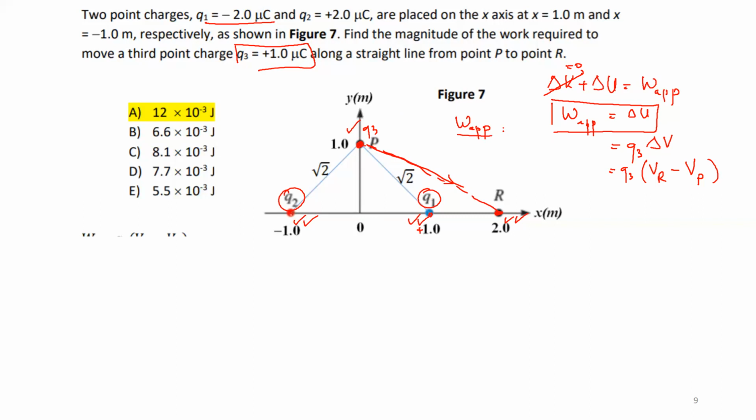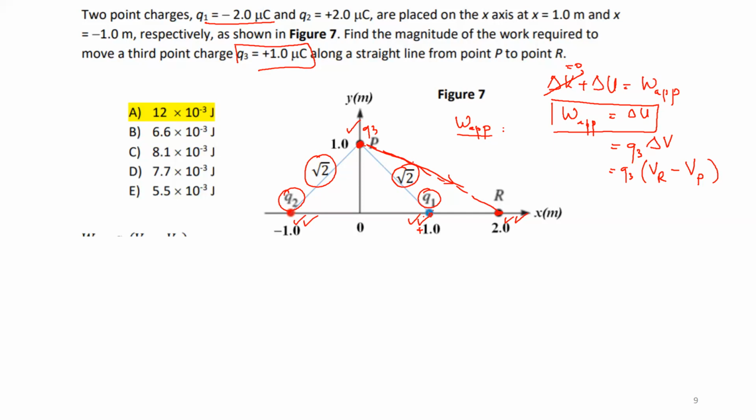So I will have basically here what? Two opposite charges, Q1 and Q2, equal in magnitude, opposite in sign. And this point P is equidistant, at square root of 2 meters from Q2, which is also at square root of 2 meters from Q1.